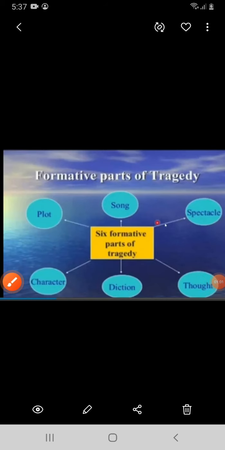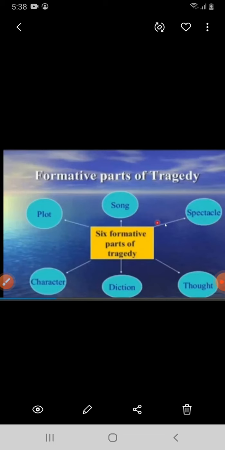As far as plot is concerned, according to Aristotle, this is such a major and important component of tragedy that it is just like the soul of the whole tragedy. Now, what is plot? Plot means the logical arrangement of the different incidents or events of the main story.